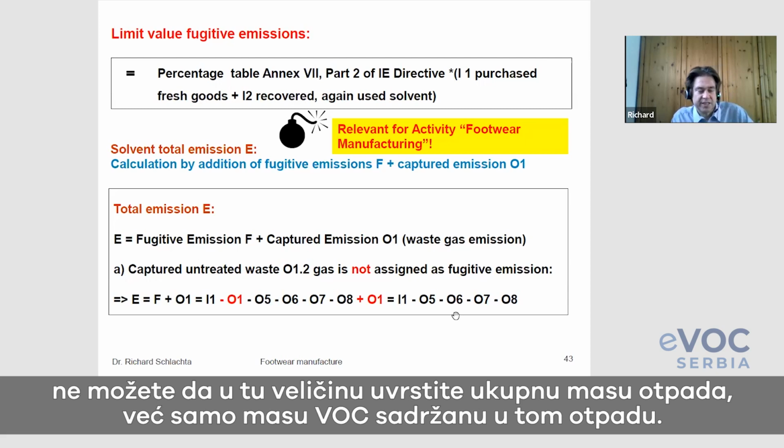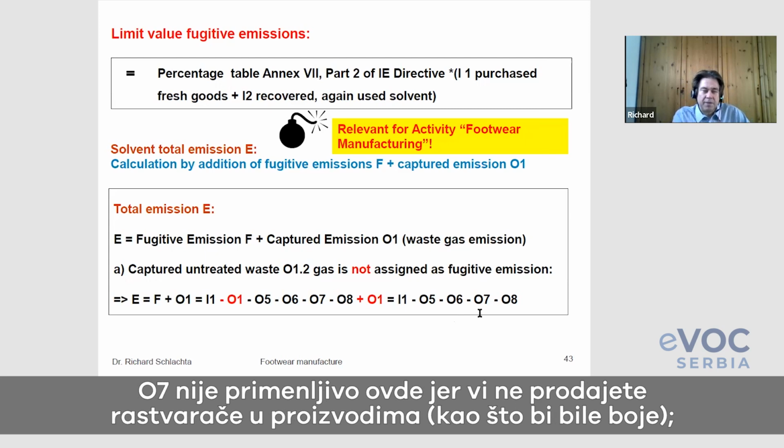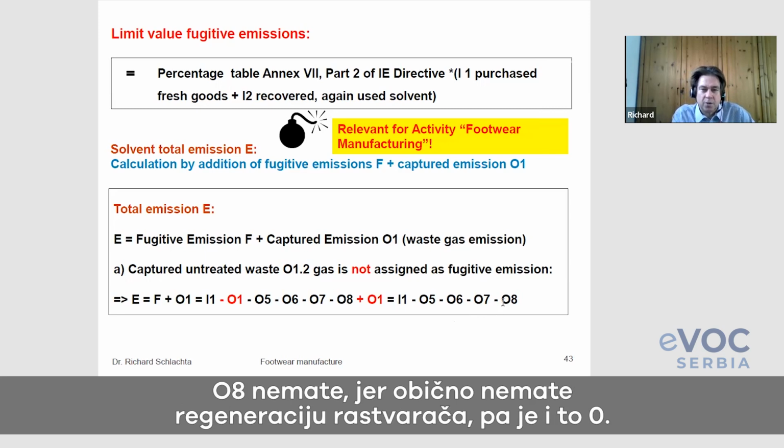Only the VOC quantity of the waste you can subtract. O7 is not applicable because we don't sell solvents in products like paint. And O8 is because we don't normally have recovery of VOC solvents, so it is 0.